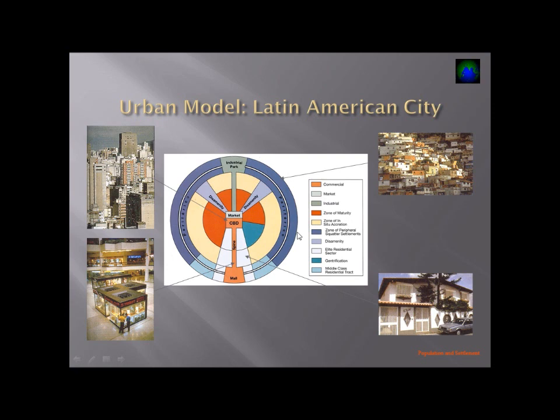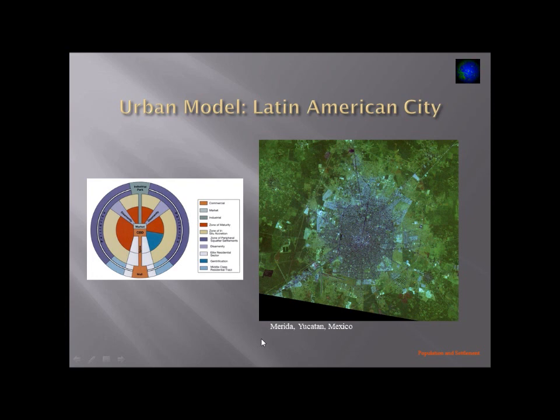So in Latin America, sometimes the poor live outside on the periphery, and other times they live inside. This compares the city of Merida in the Yucatan of Mexico with this model. The only change you have to make to this model is to flip it up to where the mall's at the north and the industrial park's at the south. The Periférico goes around there.